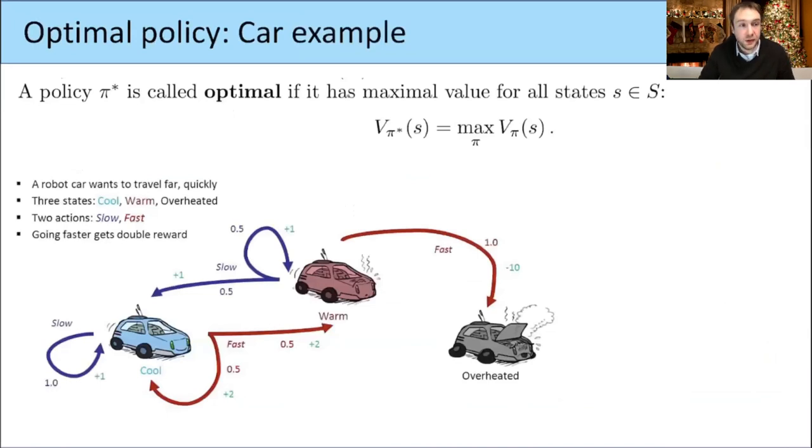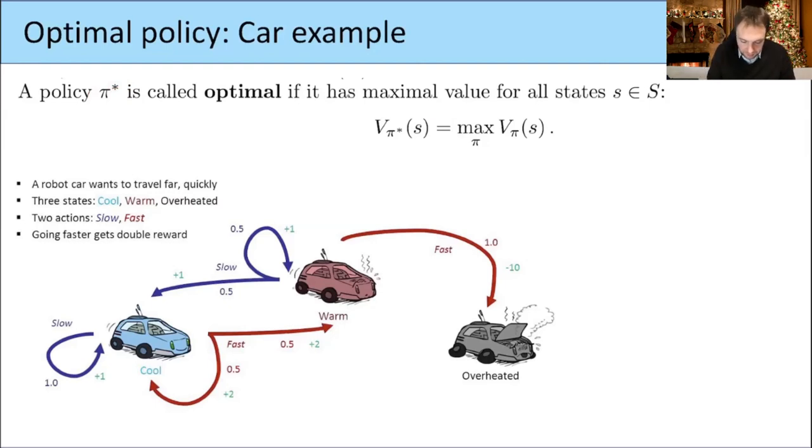And then we introduce what we called an optimal policy. An optimal policy we denote by pi star. This is defined to be the policy which maximizes this value.